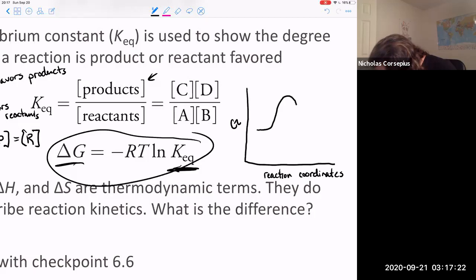So that would be this type of reaction here. This is delta G equals 0, KEQ equals 1. This is the type of reaction coordinate diagram that I would expect for a reaction where reactants and products are equally favored at equilibrium. They are sitting at the exact same free energy value.